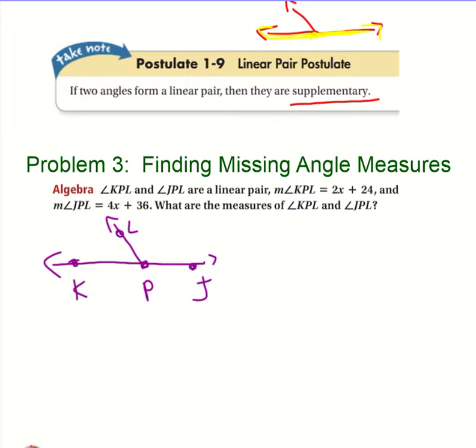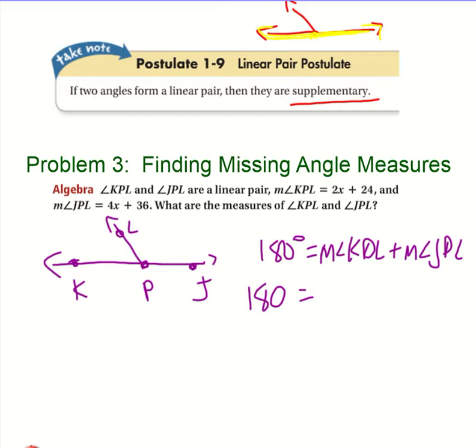And because they're a linear pair, I know they're supplementary, which means they must add up to 180 degrees. So I can say that 180 degrees equals the measure of angle KPL plus the measure of angle JPL. I can plug in those algebraic statements, 2x plus 24 plus 4x plus 36.